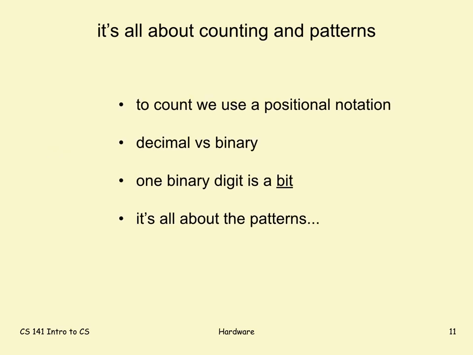Okay. So to count, we use a positional number system. You learned how to count in decimal. Decimal is a positional number system. Positional number systems use some number of symbols, and they have a base that they work on, and the base is equal to the number of symbols that you use. And the value of each symbol depends on the position of that symbol in the number.